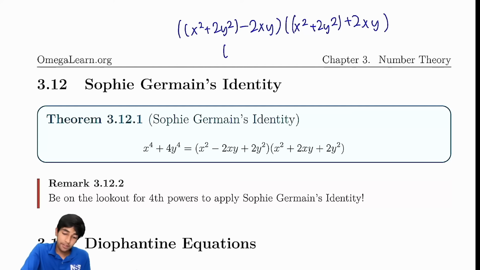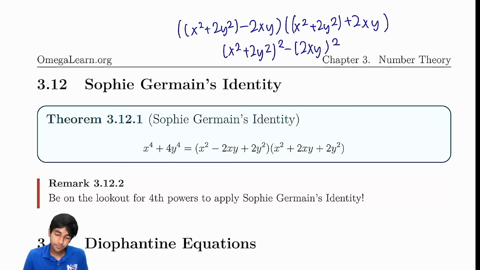But take a look, by difference of squares, this is just x squared plus 2y squared, all squared, minus 2xy squared. And if you expand out everything, it will just give you this, because the xy terms, x squared y squared terms over here will just cancel out. So that's why this is true.